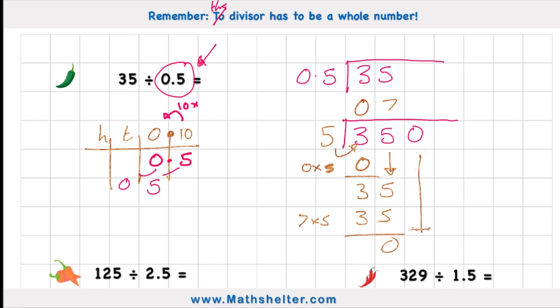Pull down my next 0. So therefore, how many 5s are there in 0? 0. So my answer to 350 divided by 5 is 70, which means that 35 divided by 0.5 is also 70, because my question was equivalent. So my answer is 70.